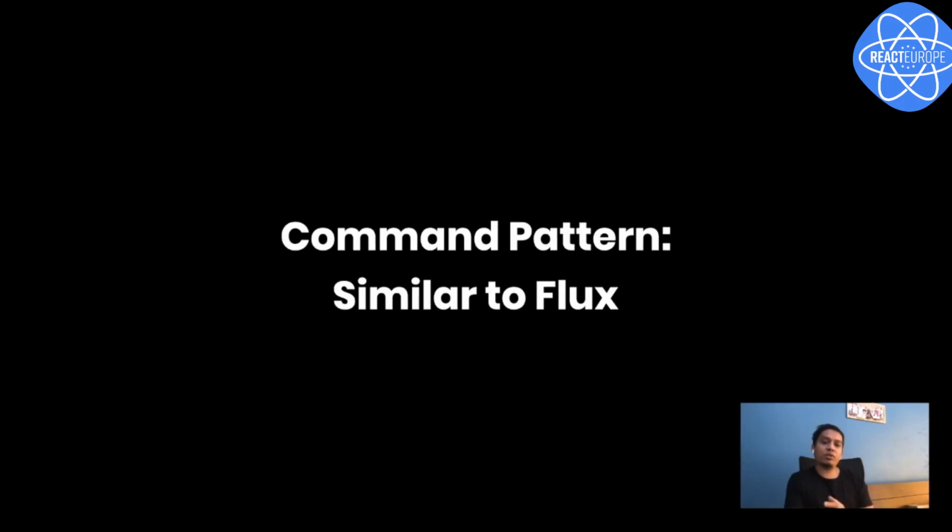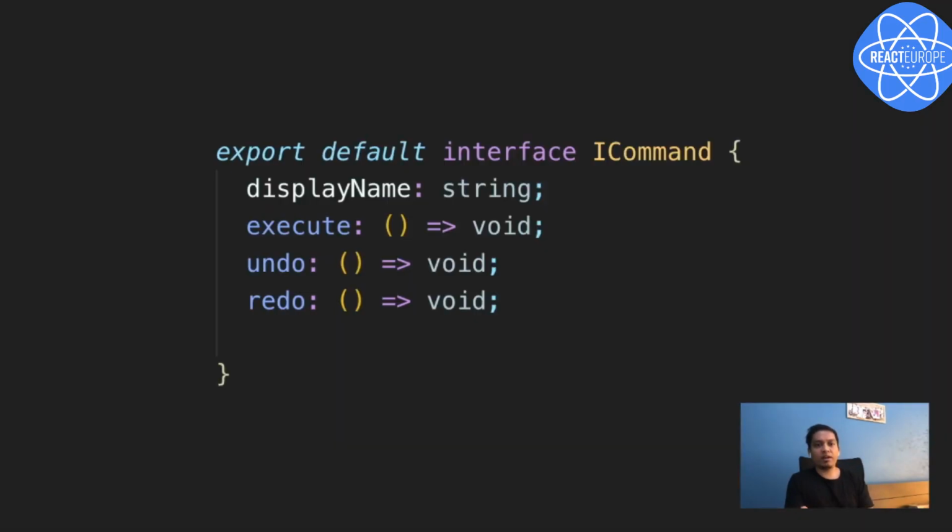We can achieve undo redo with the command pattern. It's similar to Flux architecture, but for mutable data. The way we have actions in Flux architecture, we have commands. Each command carries functions like execute, undo, redo. And these methods have the exact mutations. So if you call execute and then call undo, it goes back to the same state.